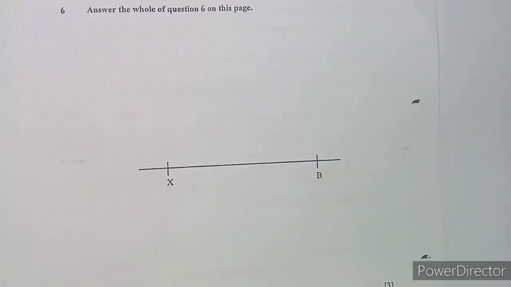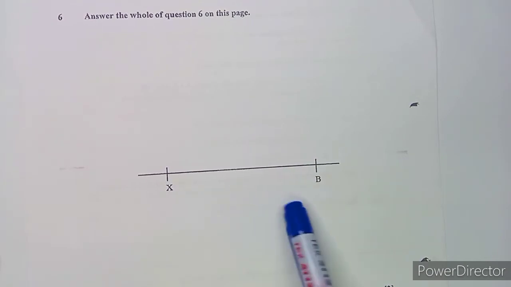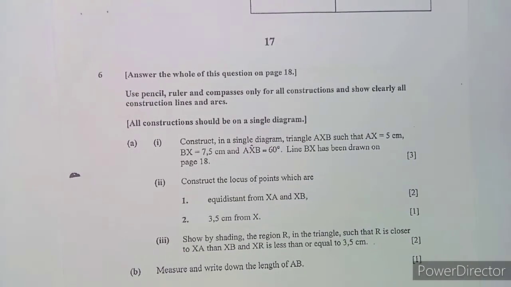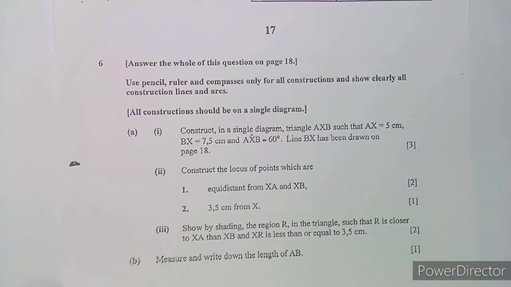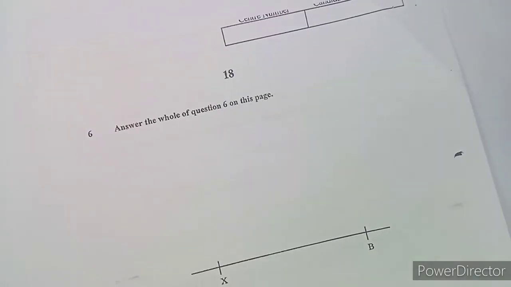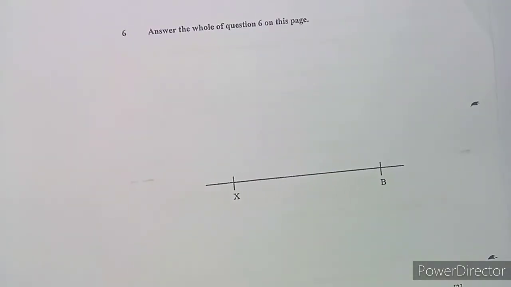Now, this BX that we have is given a dimension. BX is 7,5. That means I could redraw, because what I've seen is that some of these diagrams won't be as accurate as they are supposed to be. I don't know if this one is accurate.